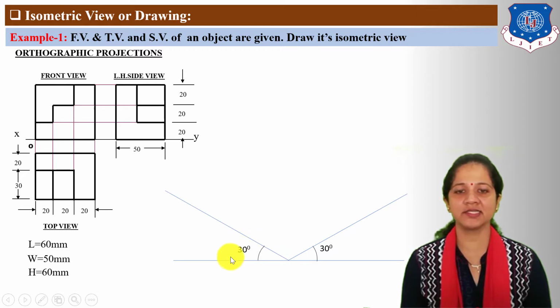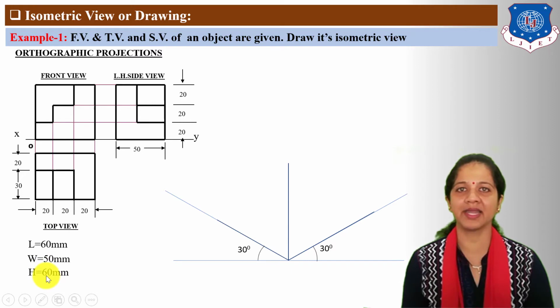Angle of z-axis from the horizontal reference line is also 30 degrees. On the x-axis, take maximum length and on the z-axis, take maximum width which is 50 mm. Next, draw the y-axis which is vertical and on the y-axis, take maximum height which is 60 mm.